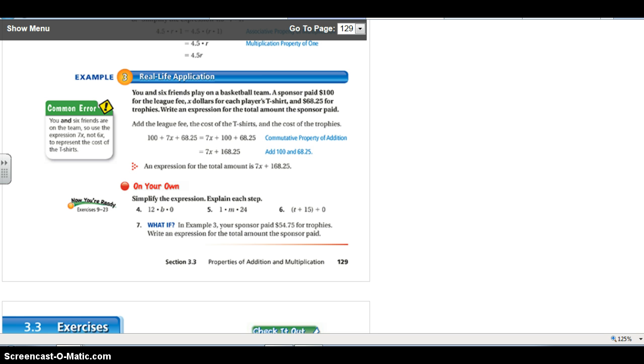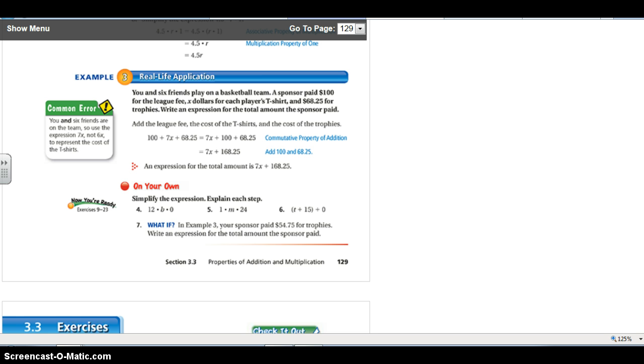Number 5, you should have done in parentheses 1 times m times 24. Associative property of multiplication, that's what that is. And then m times 24, which is the multiplication property of 1. And then your final answer is 24m.